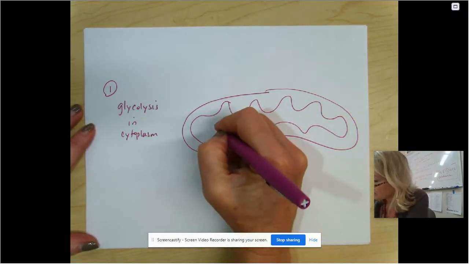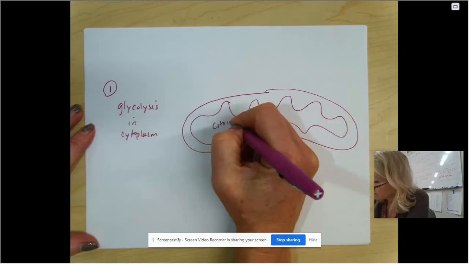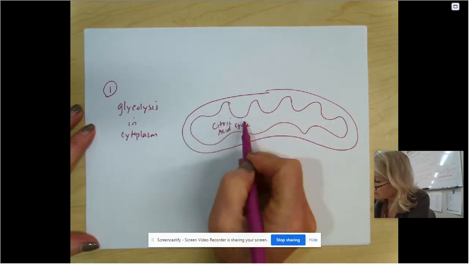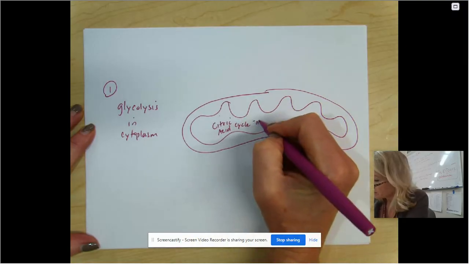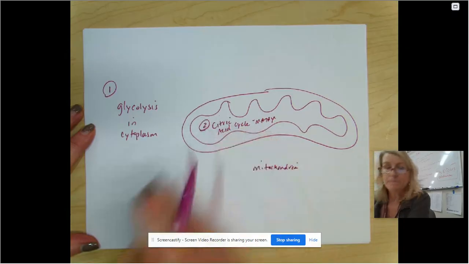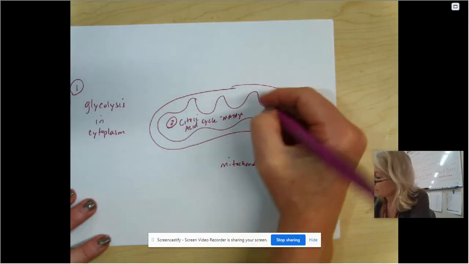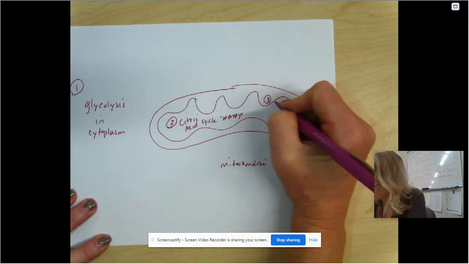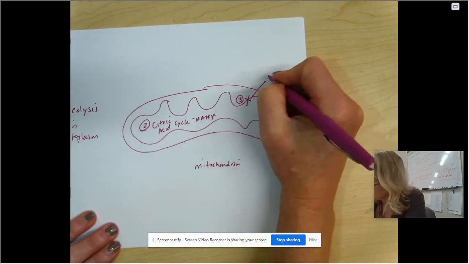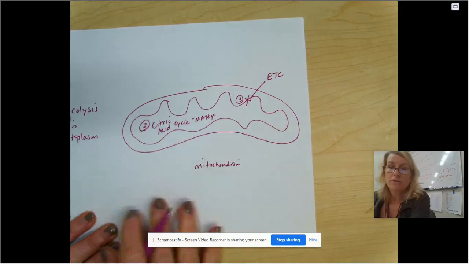We have something called the citric acid cycle. That's going to occur in the matrix. So that would be step 2. And then step 3, I'm going to put a big fat X and label that the ETC, electron transport chain.